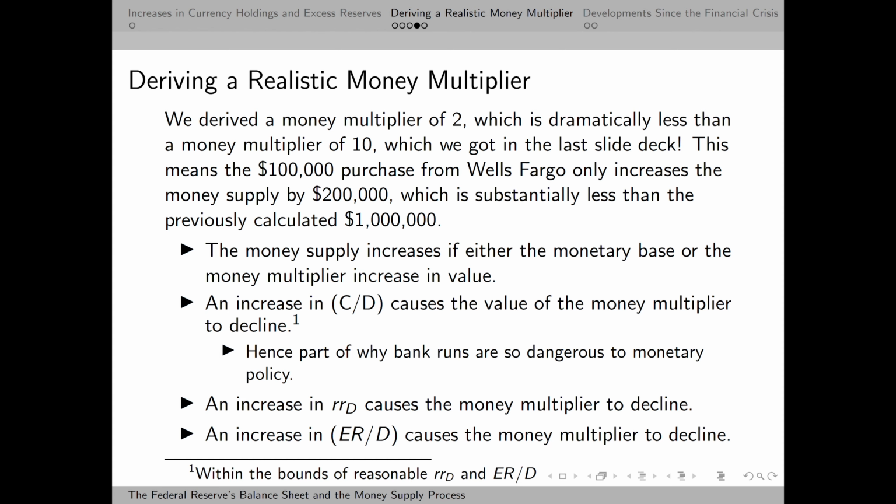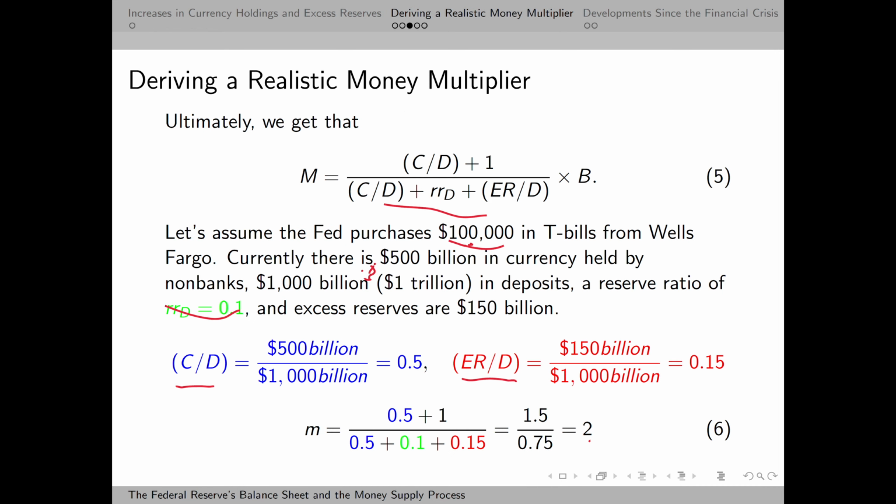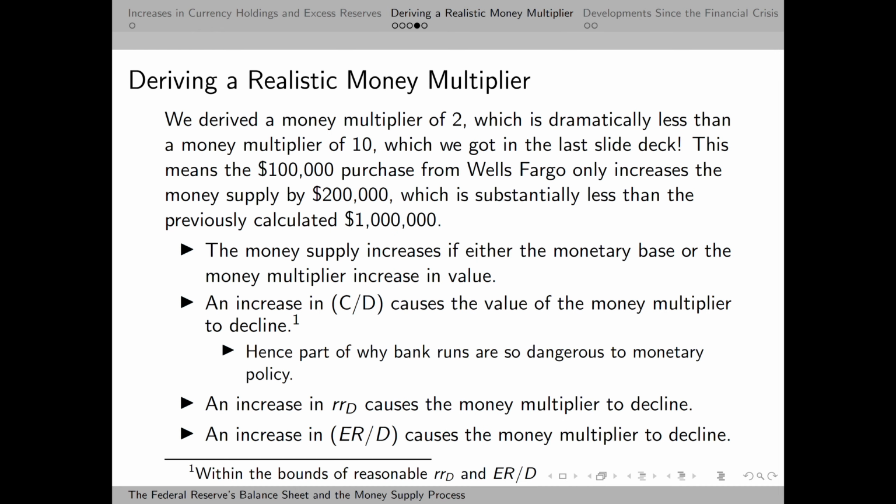Additionally, an increase in the currency to deposit ratio causes the value of the money multiplier to decline. So if we come back up here, that means that if the non-bank public increases the amount of currency they want to hold relative to their deposits, this number is going to get bigger. Within reason, that means that this term is going to get smaller.